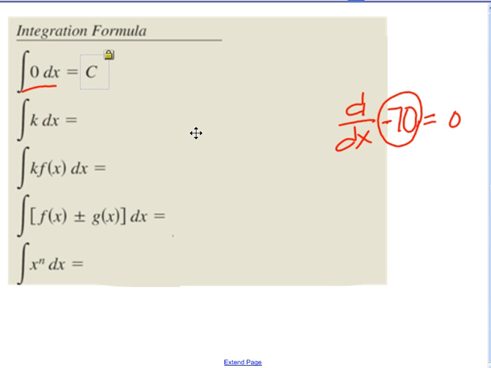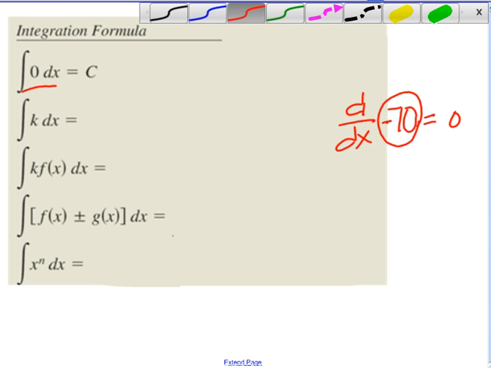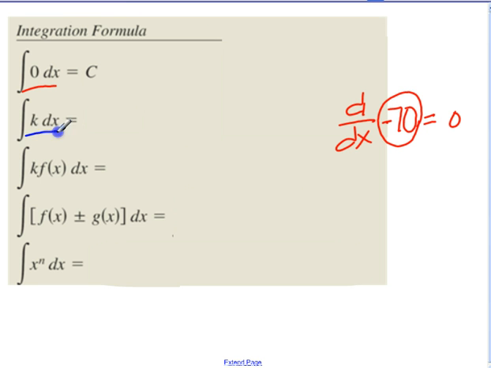Well, I'm going to think the same way with this next problem. On this next problem, I'm going to take the antiderivative of k dx. So I'm going to think of some examples. If I did the derivative with respect to x of negative 10x, my answer would be negative 10.